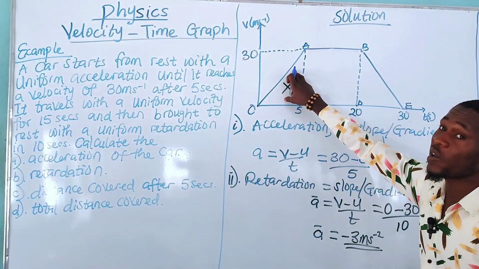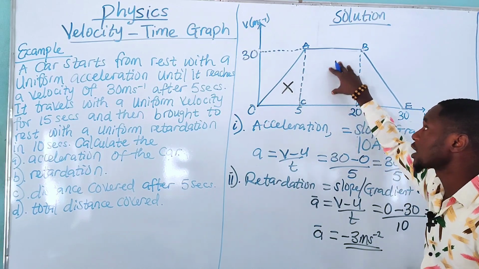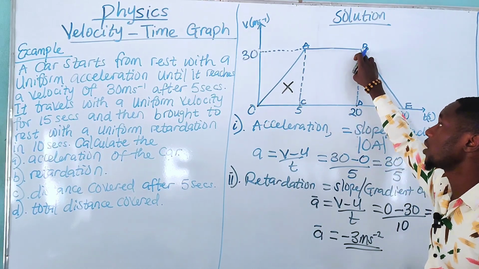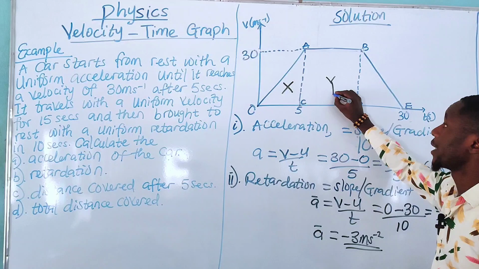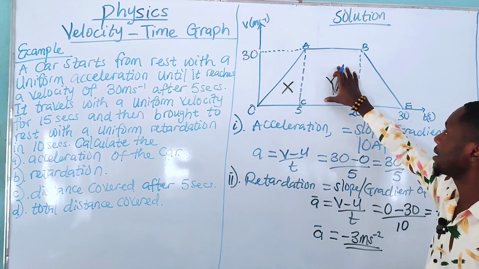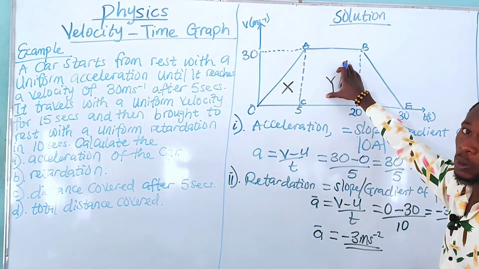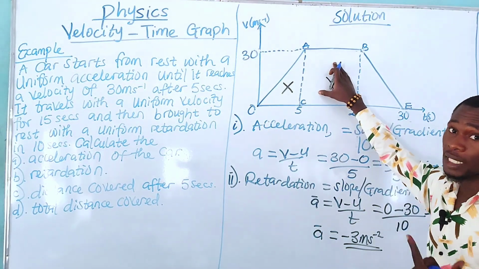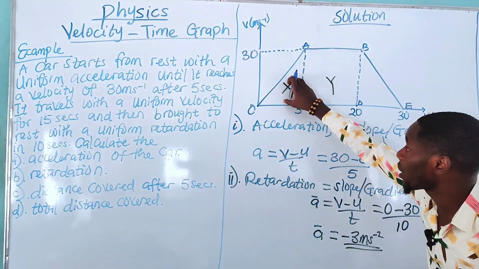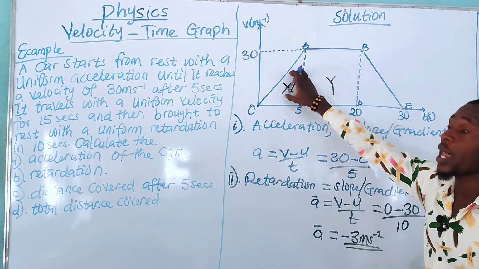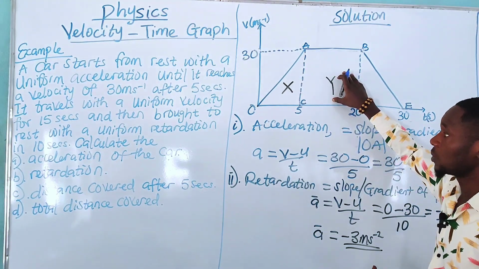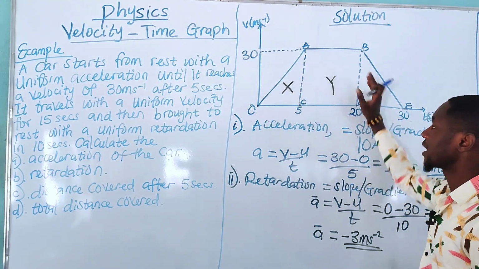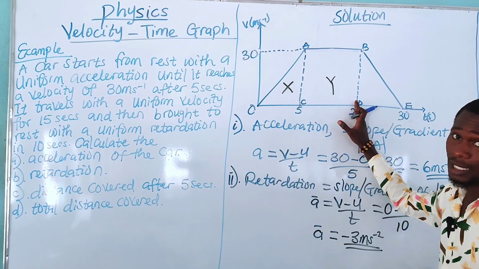The first part is the triangle, and the second part is when it was moving with a constant velocity, let's call this y. You believe with me that y is a square. So to find the distance here, that will give us the area of the square. When we find the area of this triangle and the area of this square, we add them up. That will give us the total distance covered after 20 seconds.